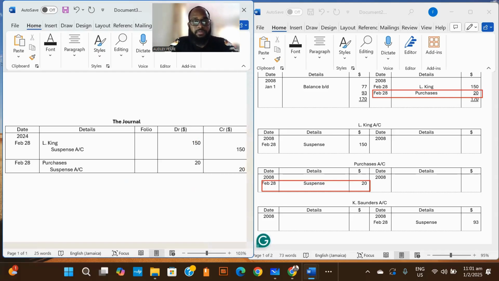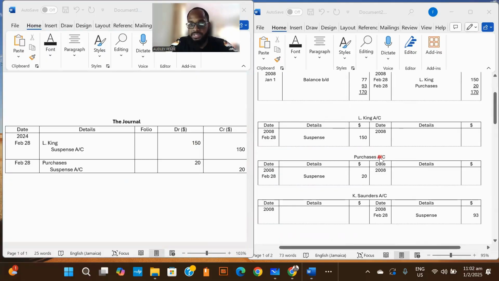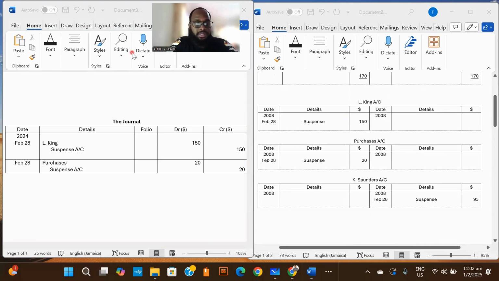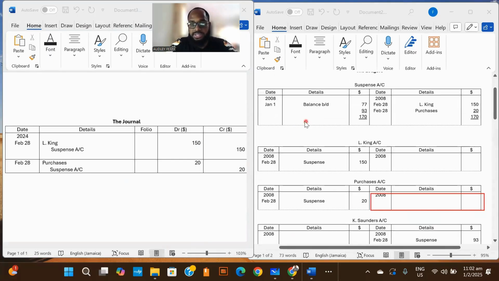And then the last thing that we'll have is the K Saunders. So for K Saunders, what we did, we credited K Saunders right here, and we would have debited K Saunders in the Suspense account. So I'm not seeing it there.